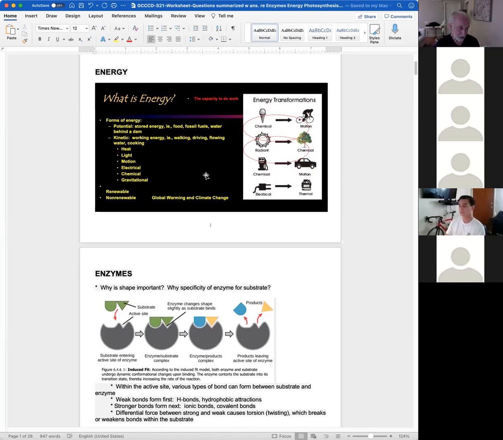I'd like to mention at this point renewable energy and non-renewable energy, because later in the semester I hope we have time to talk about global warming and climate change as it relates to biology. On the right here are simply illustrations of chemical energy being converted into motion, radiant energy converted into chemical energy when we study photosynthesis, and so on.